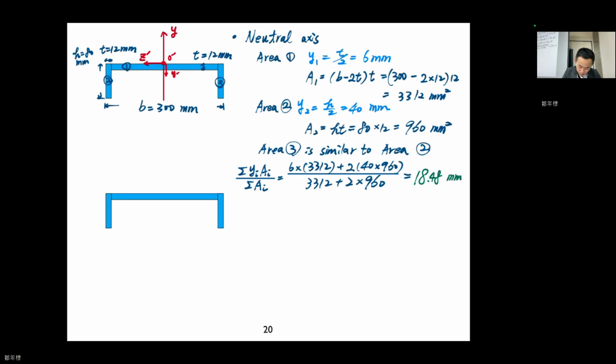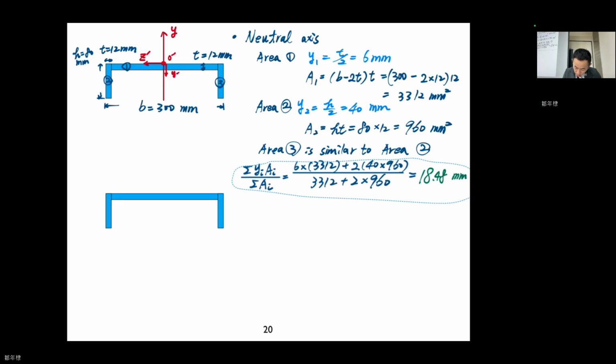Okay? So now 18.48 millimeter is the centroid coordinate corresponding to your O plane. So your real O here is here.